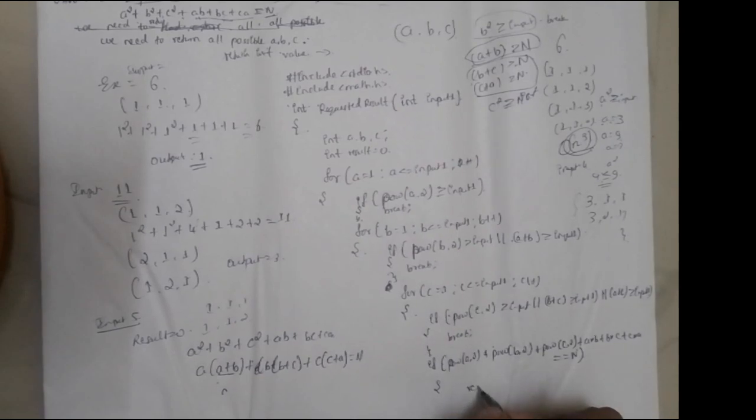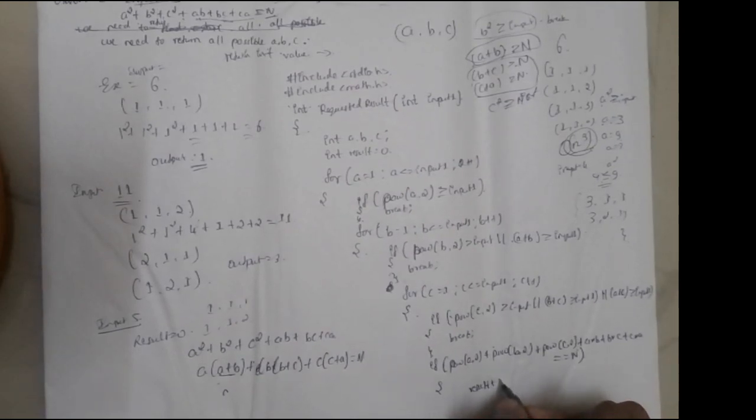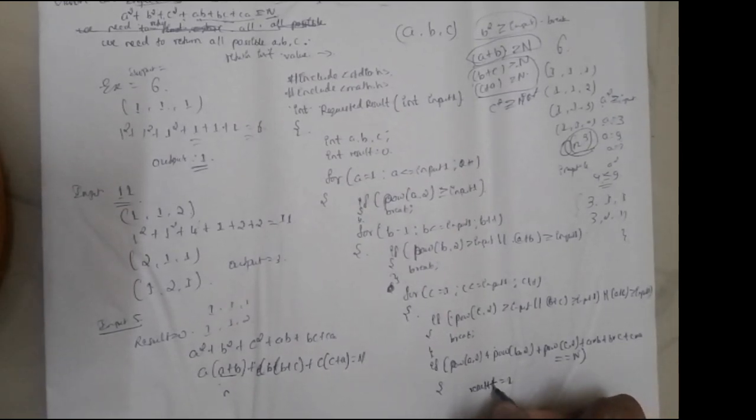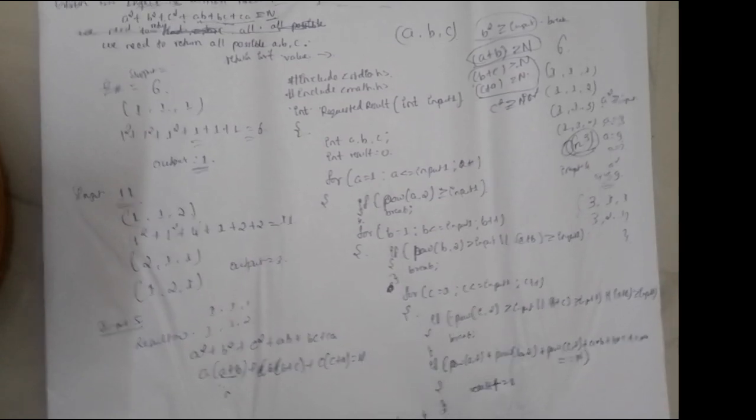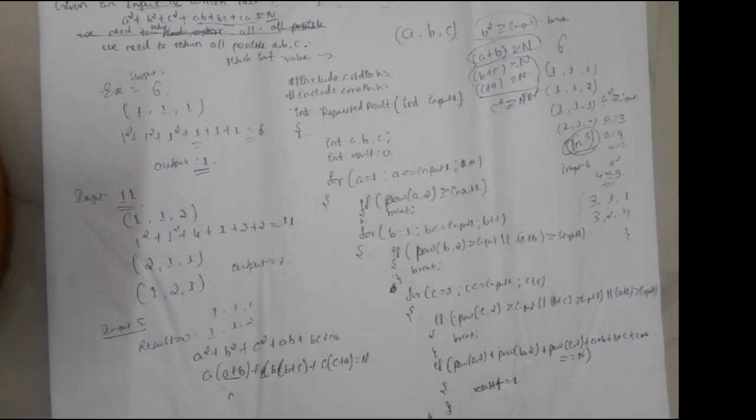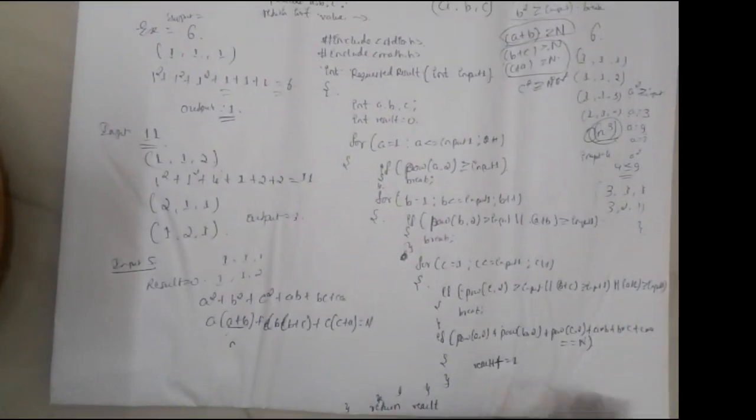Then we need to add 1 to the result. Okay, next close all and return the result. Close all functions and return the result.